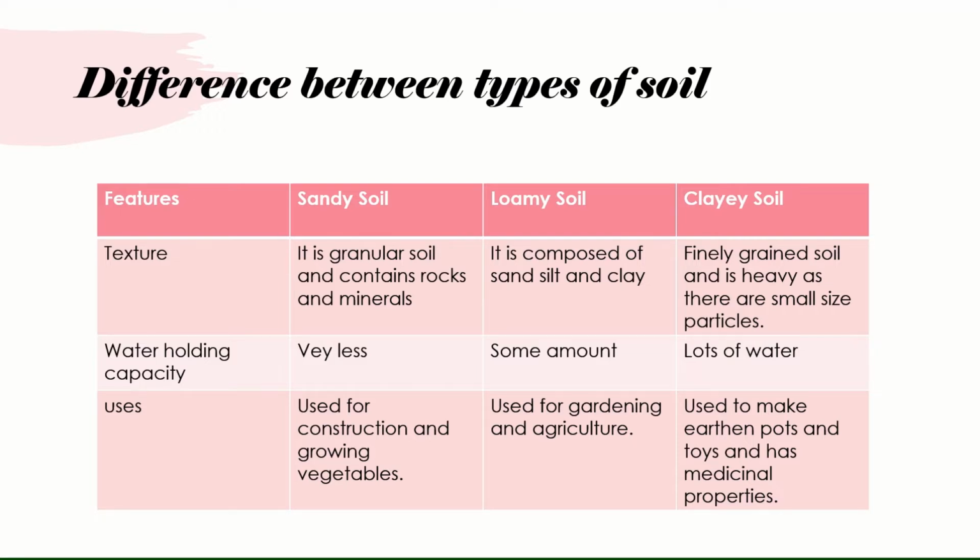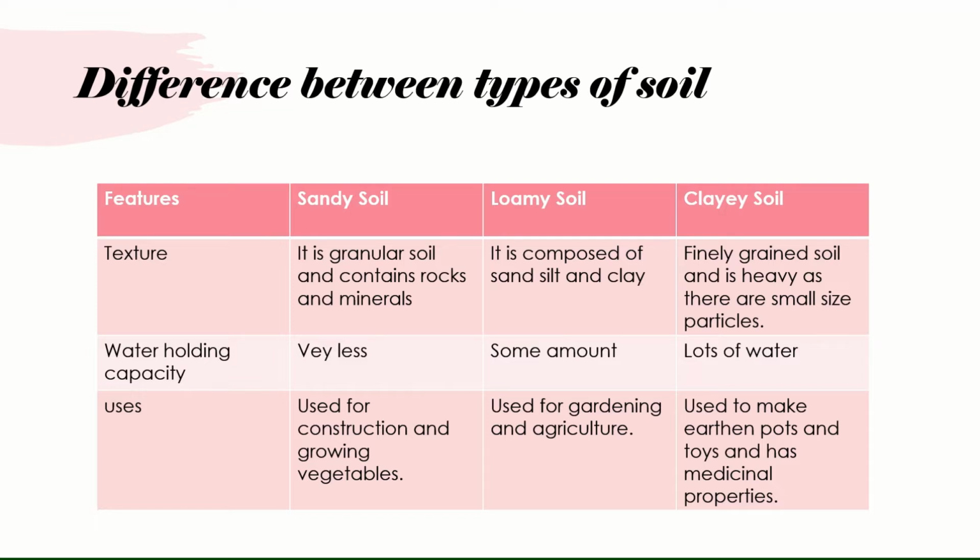When you see the sand in more amount, it is the sandy soil. That soil which you find in the deserts is the sandy soil, and it contains minerals, and the water holding capacity of sandy soil is very less. Because of these characteristics, such as containing minerals and low water holding capacity, it can be used for construction and growing vegetables.